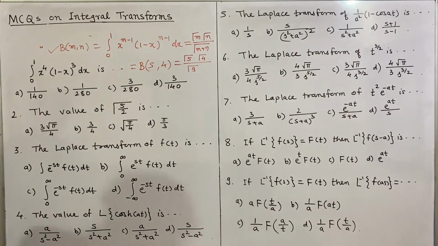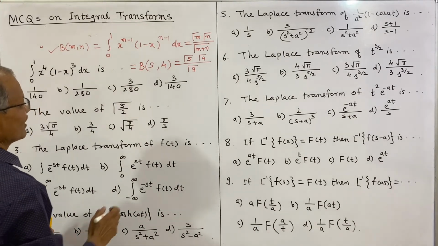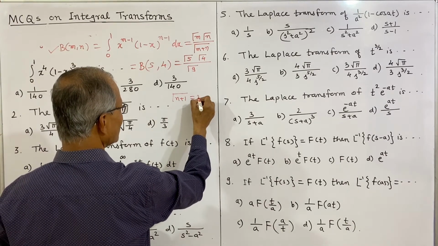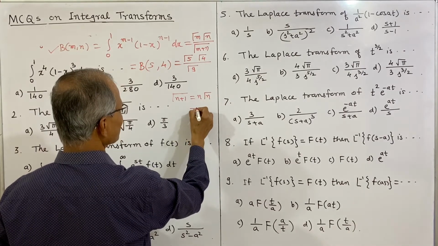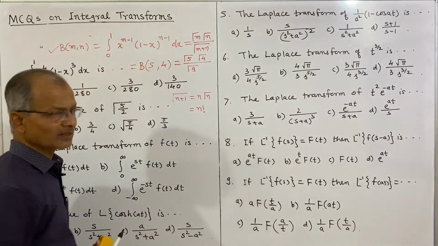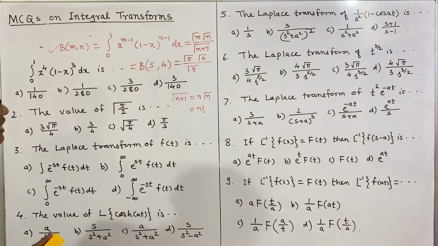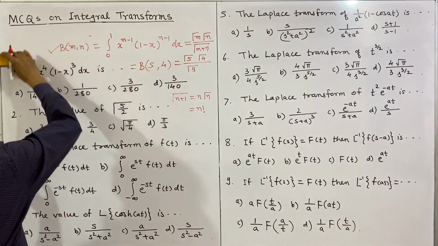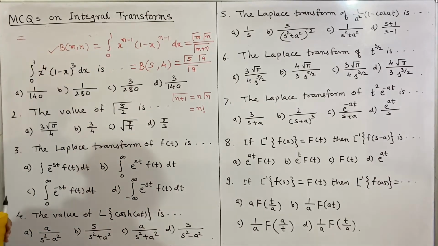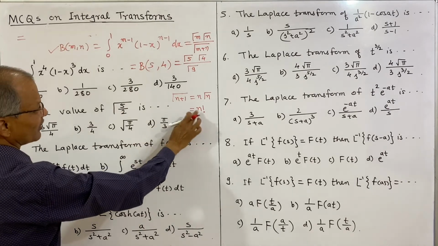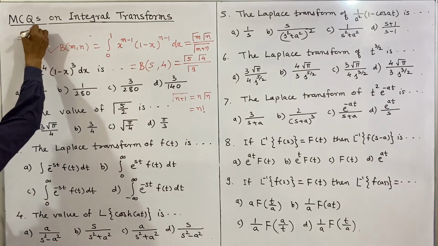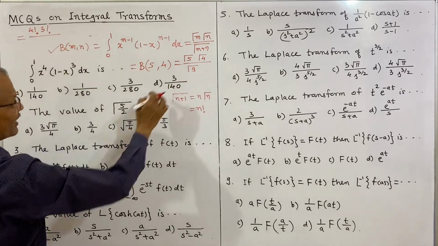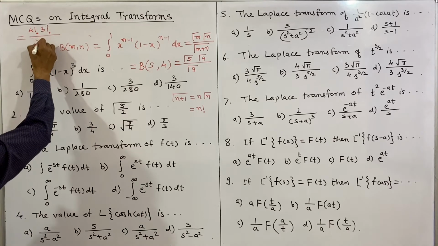And we know gamma of n plus 1 can be written as n into gamma of n, or if it is a positive integer, then it is n factorial. So gamma of 5 is 4 factorial, gamma of 4 is 3 factorial divided by gamma of 9 is 8 factorial.